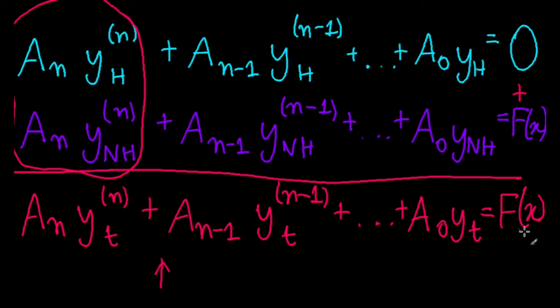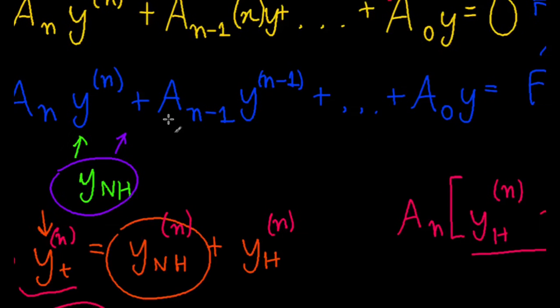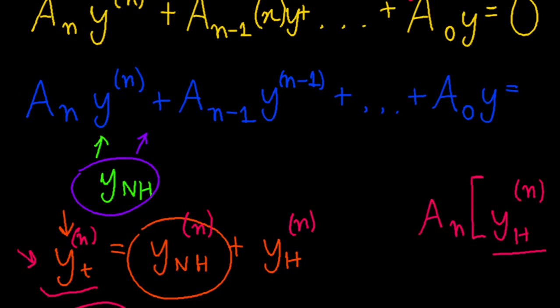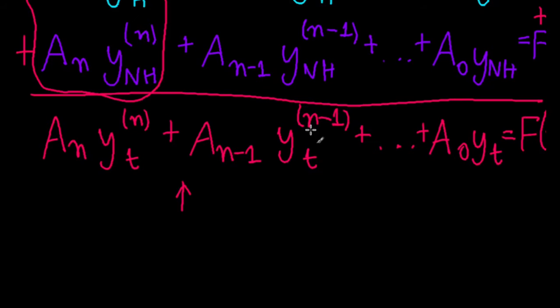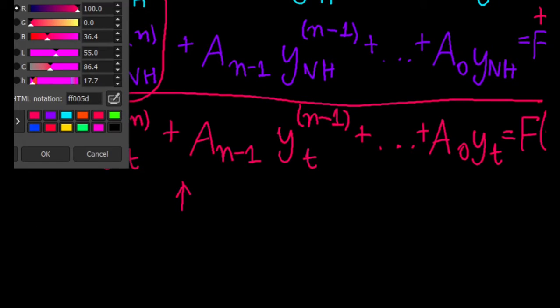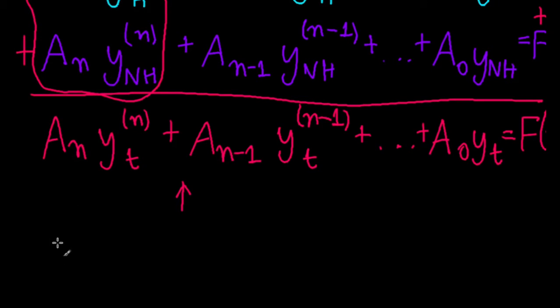We have f of x, just f of x, on the right side, and the left side matches the non-homogeneous differential equation too. So everything matches up, and that means that if I substitute our test function here, it satisfies this equation. So y sub t must be a solution, right? So y sub t is a solution.